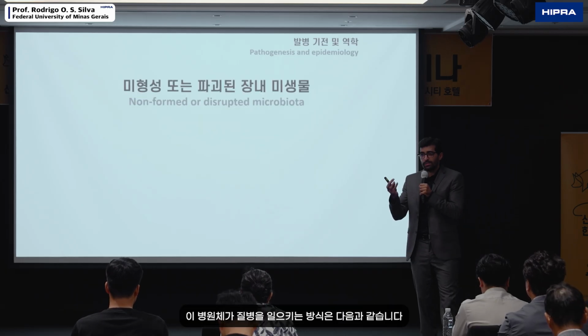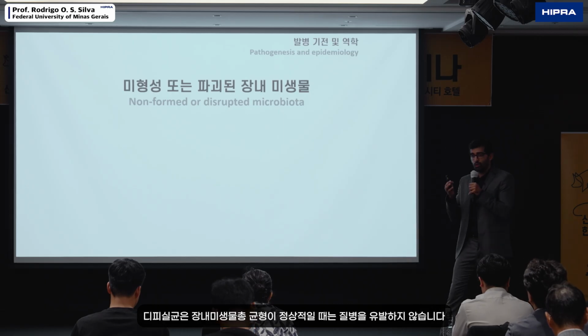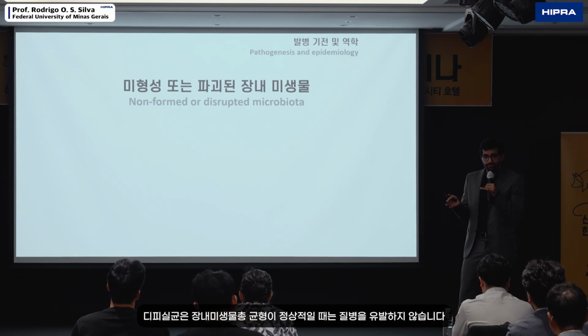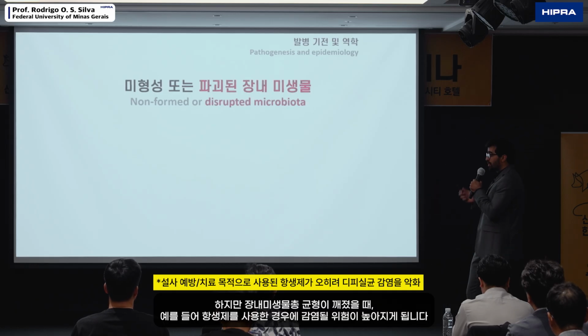And how can this pathogen cause disease? Clostridium difficile doesn't cause disease in a normal microbiota. To cause disease, Clostridium difficile needs a disrupted microbiota, which means mostly the use of antibiotics in an animal or human.